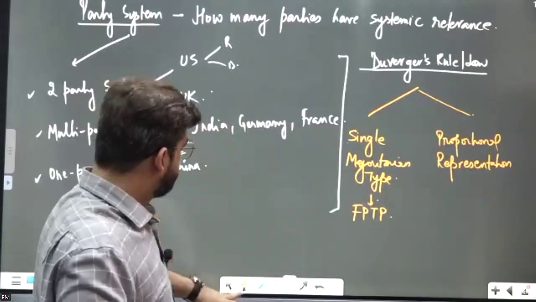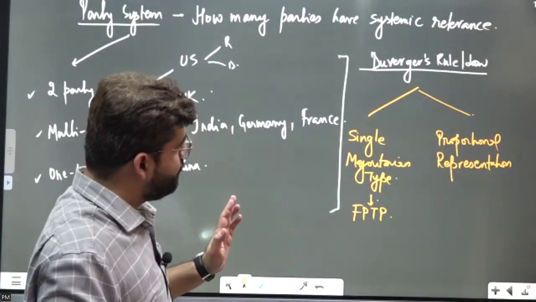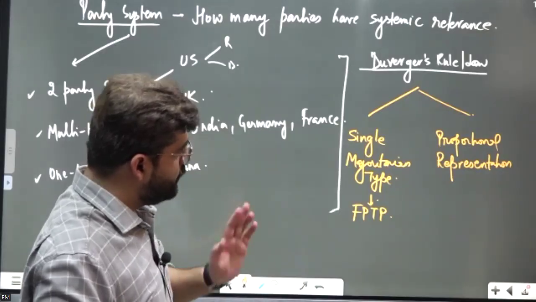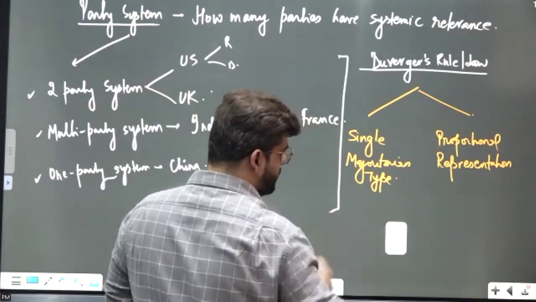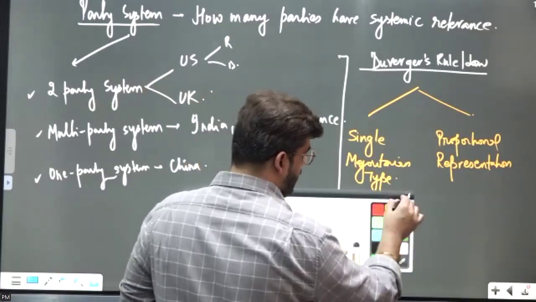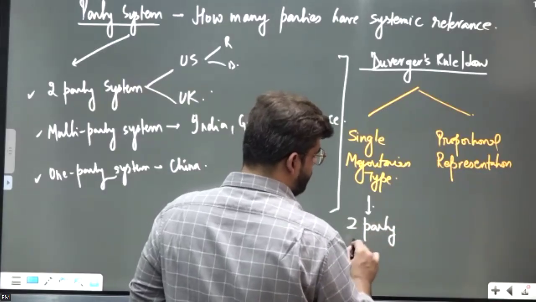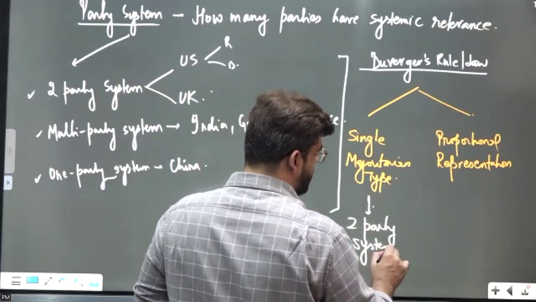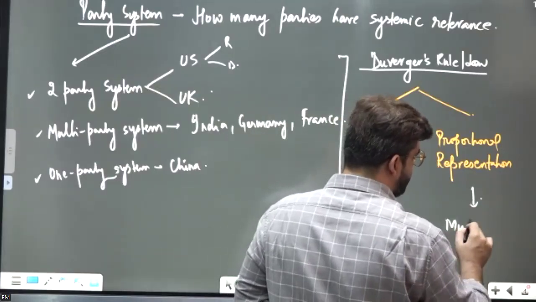Now, Duverger says that wherever there is a single majoritarian type, you will always have a two-party system, and wherever proportional representation is adopted, there you will have a multi-party system.